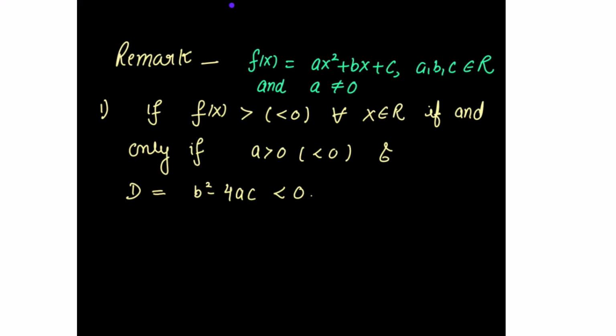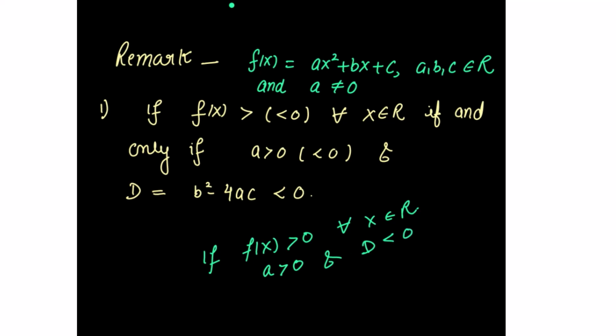Please understand this remark first. If f(x) is equal to ax² + bx + c, where a, b, c belong to the real numbers and a is non-zero, what is the condition on a and the discriminant of this quadratic? If f(x) is strictly greater than 0 for all x belonging to the real numbers, if and only if a is positive and the discriminant is negative.